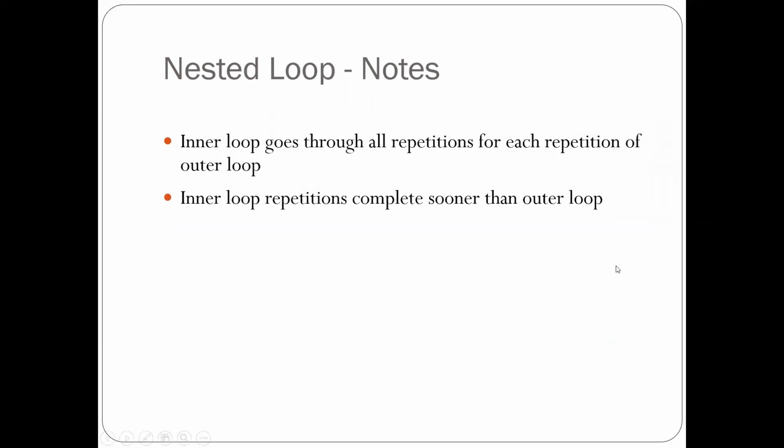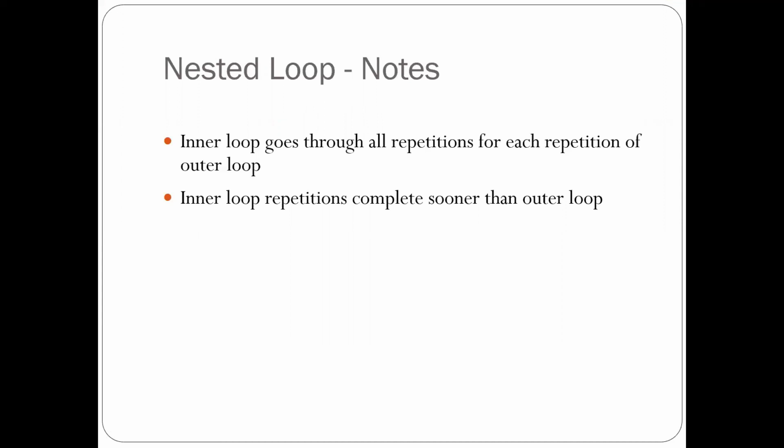Okay, next is the nested loop notes. Okay, you should know. Inner loop goes through all repetition for each repetition of the outer loop, means that setiap kali outer loop update, the inner loop akan start semula macam tadilah. Okay, dia akan kembali ke 0 1 2 3.